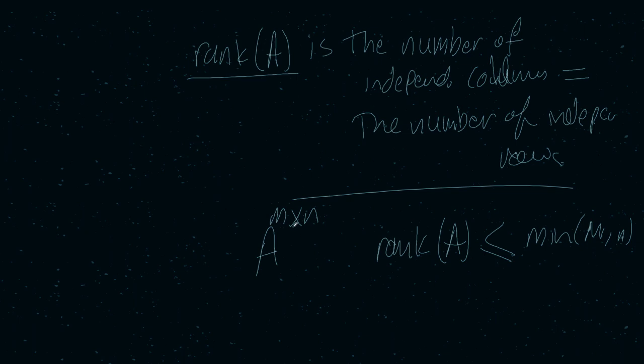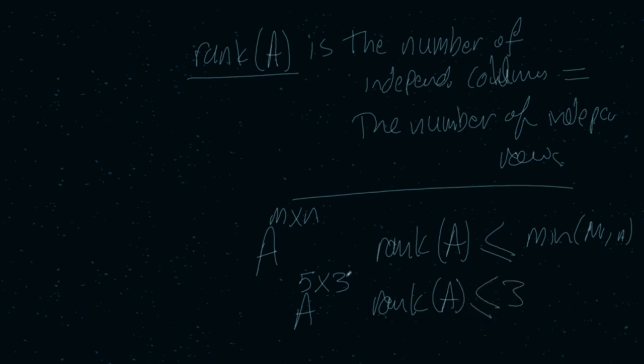For example, if you have a matrix A with 5 rows and 3 columns, the rank of A will never be more than 3, regardless of the content of A.